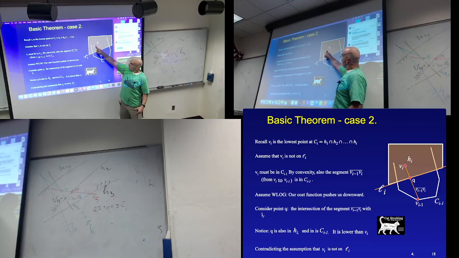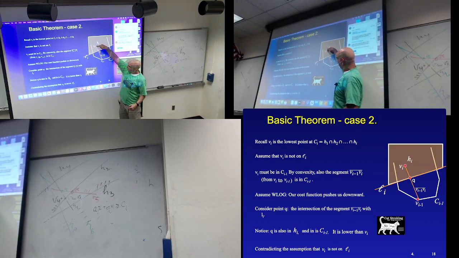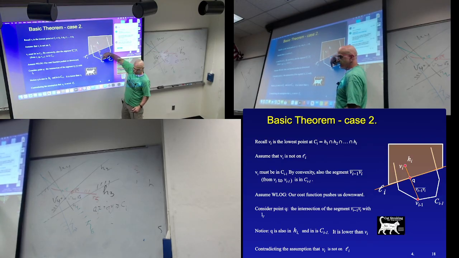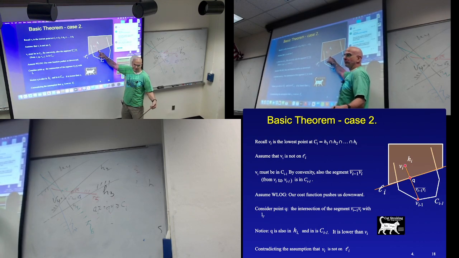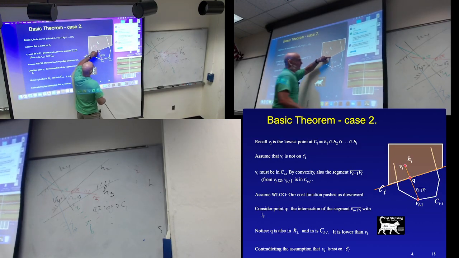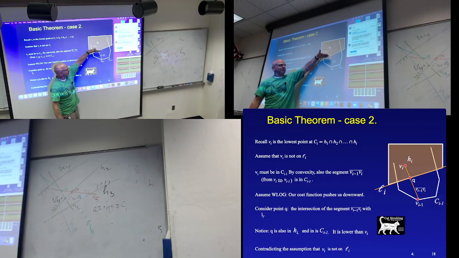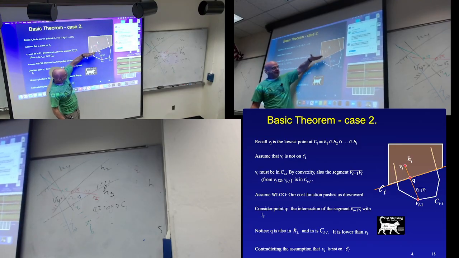Here is a point inside Hi, a point not in Hi. As I'm walking down this segment, at some point I must exit from Hi. I must exit through the only border of Hi, which is Li itself. And this point Q has a better, lower cost function than Vi. Contradiction. Contradiction to what? To the assumption that Vi is not on the line Li.